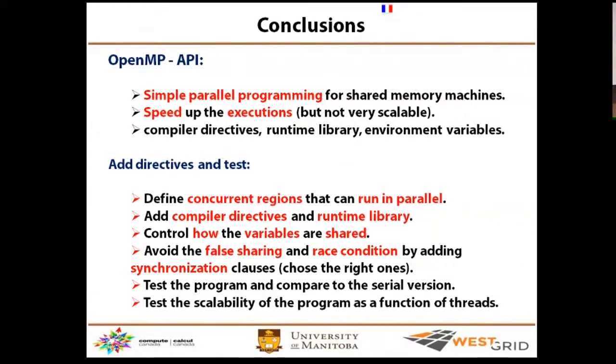So to implement OpenMP, the first thing to do is define the concurrent region that can run in parallel. You need to add the compiler directives and the runtime library.